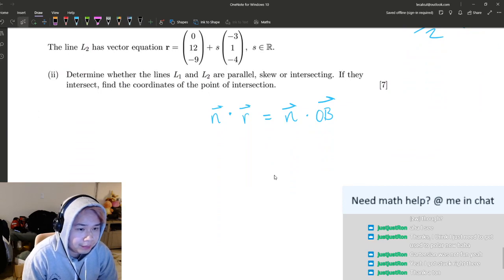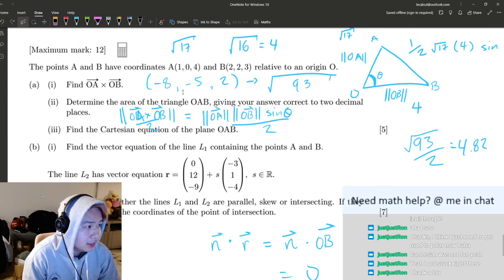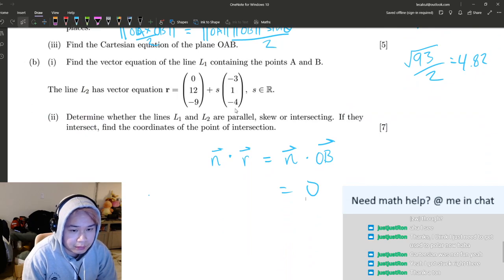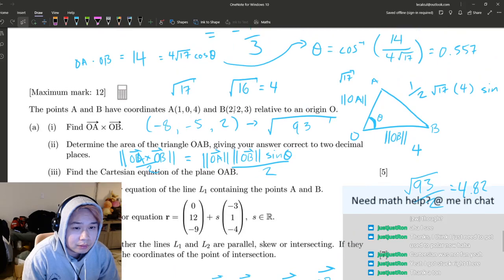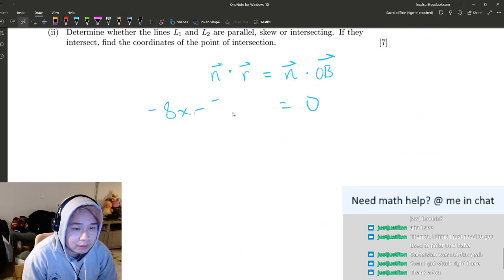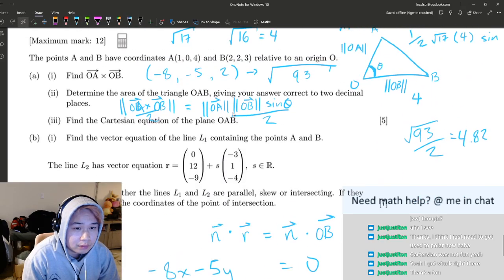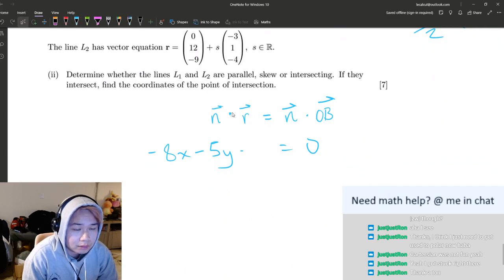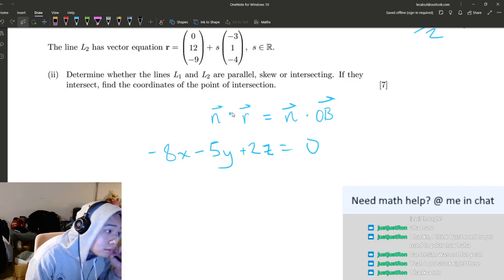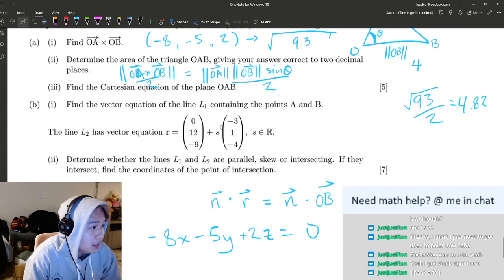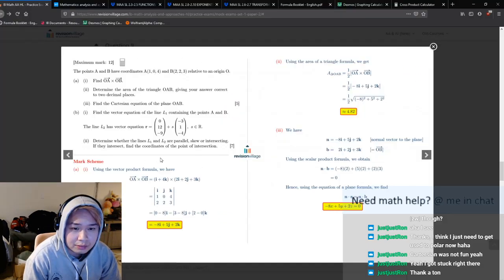Okay, so this is 0 because these two are perpendicular to each other, and then over here that's just whatever this stuff is. And here you go. Here's the equation.